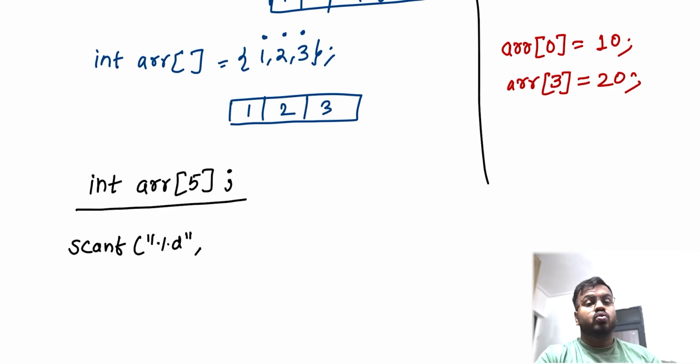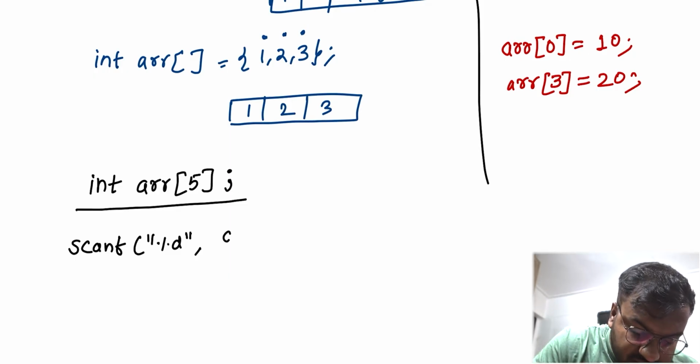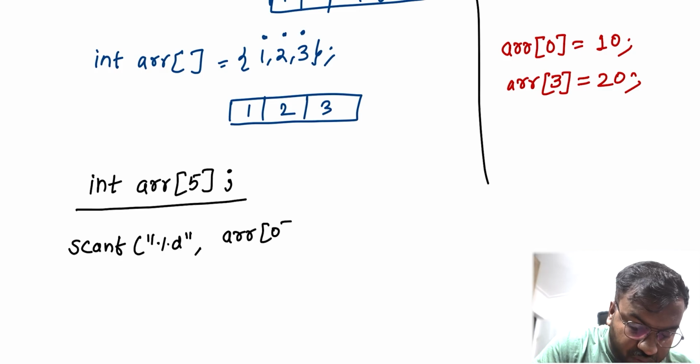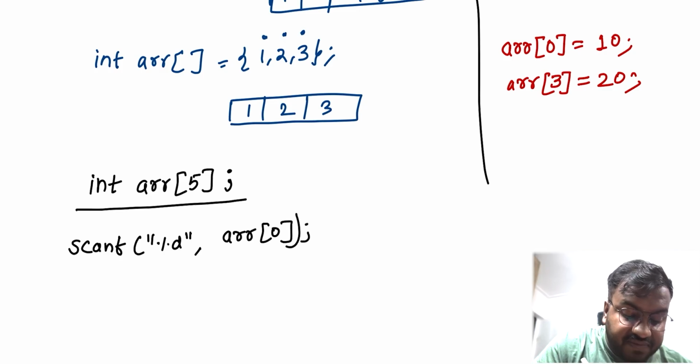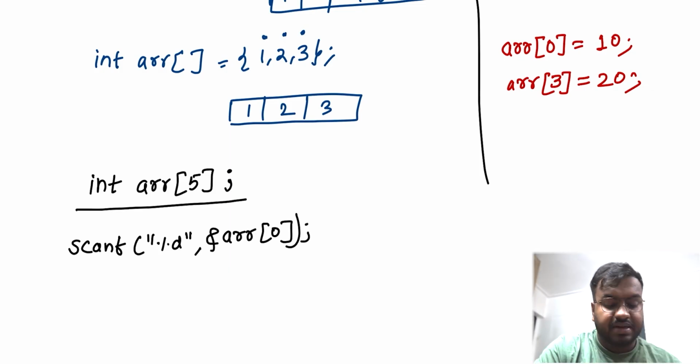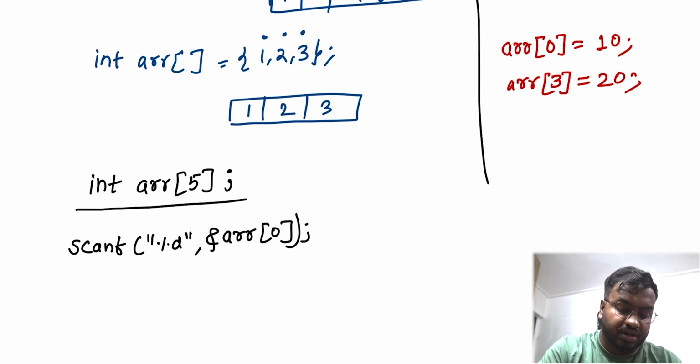I want to put the very first value at the very first place, meaning at the 0th index. So I will write array of 0, and scanf takes an address, so I will have to give the address. That's why I will write ampersand array of 0. This will take one input from the user, and it will store that particular value at the 0th index.